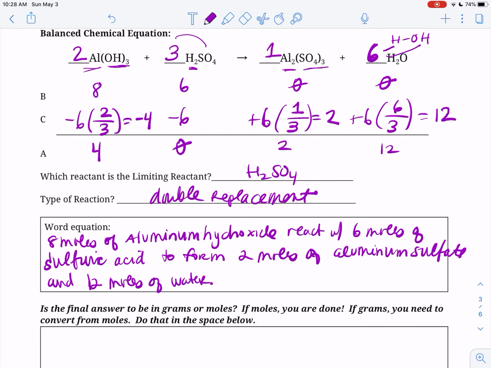That's a lot. Okay, remember we want to add our excess in here now, so I'm going to say 4 moles of aluminum hydroxide remain, or are left over.